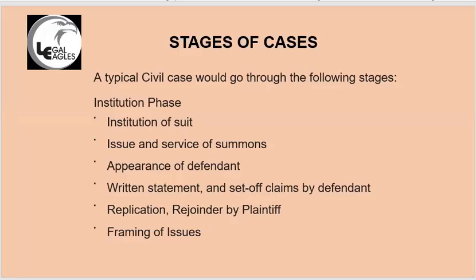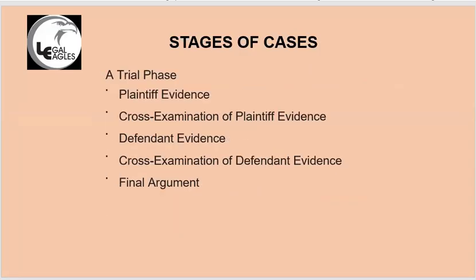So what are the stages of a case? It starts with institution of a suit. Then the issue and service of summons, appearance of the defendant, written statement and set-off claims by the defendant, replication, rejoinder by the plaintiff, and framing of issues.